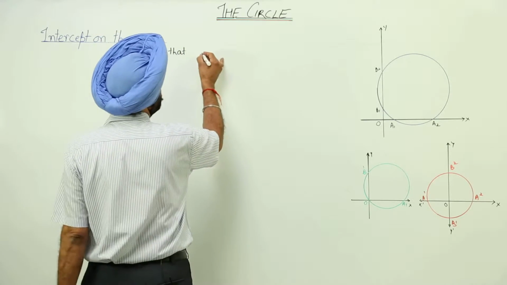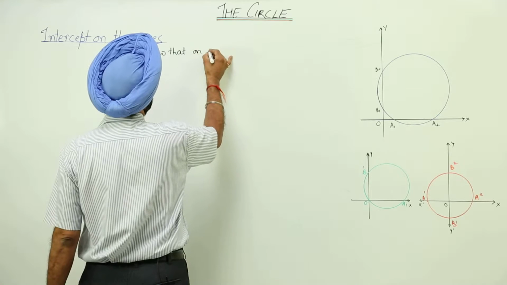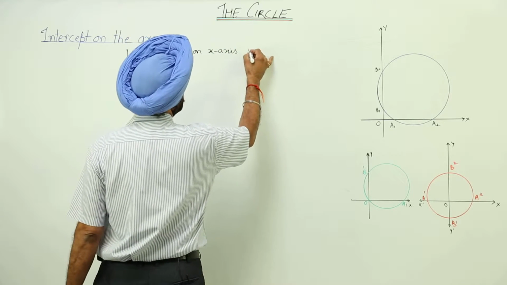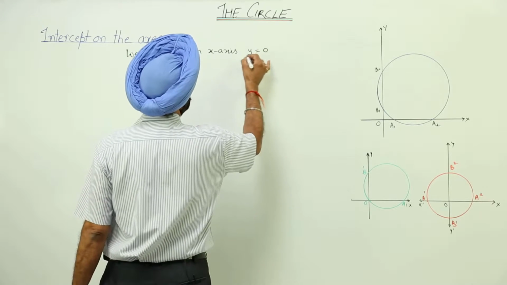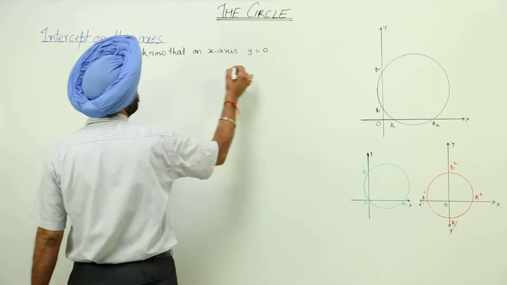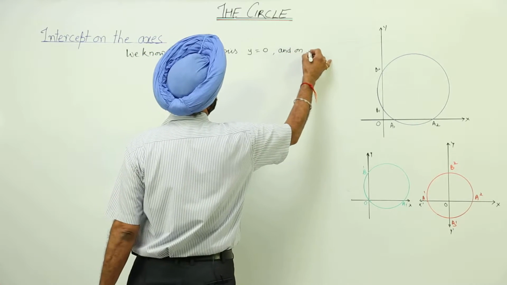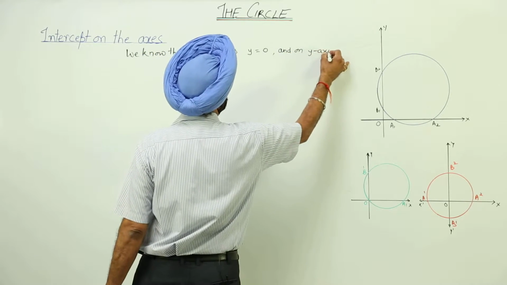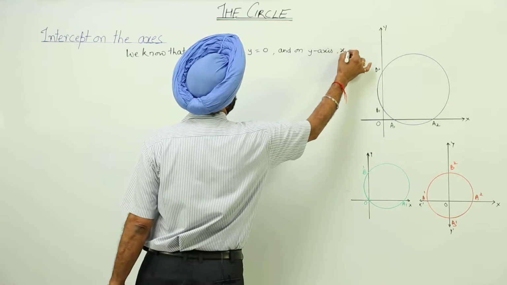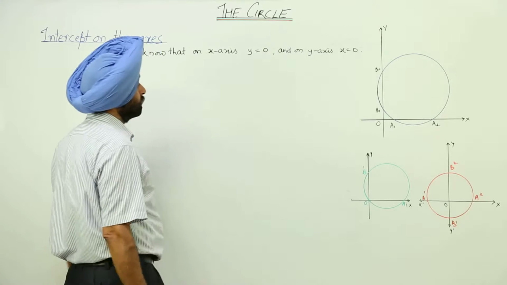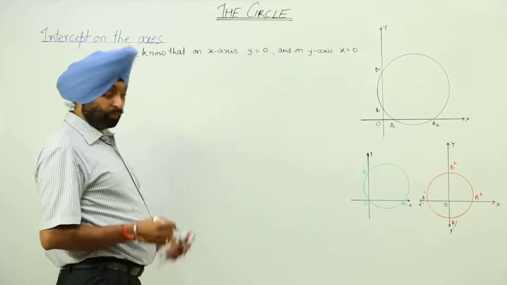So, we know that on x axis y is 0 and on y axis x is equal to 0. These are the 2 things which we are already knowing.